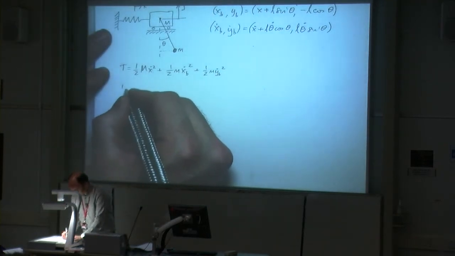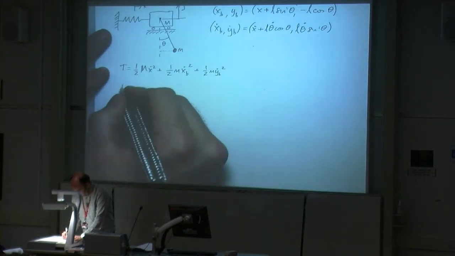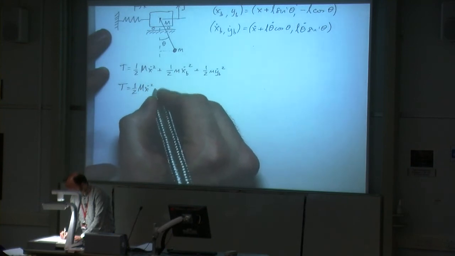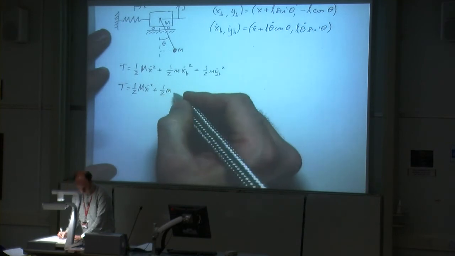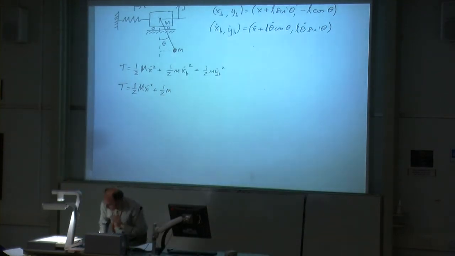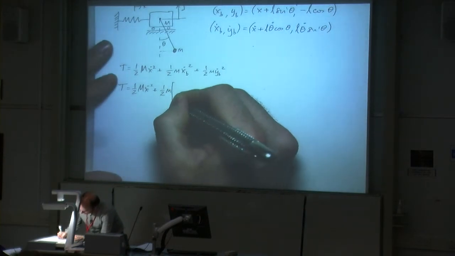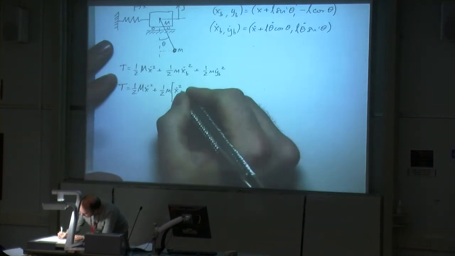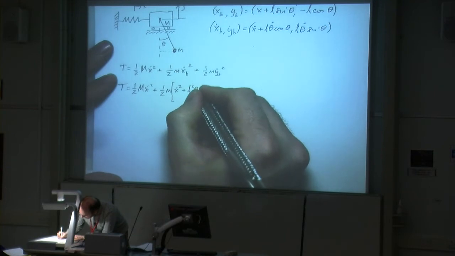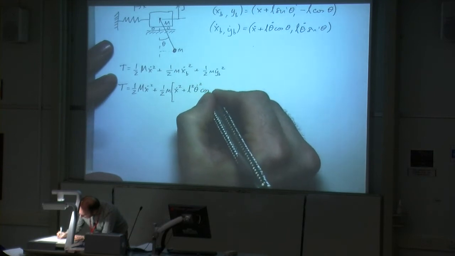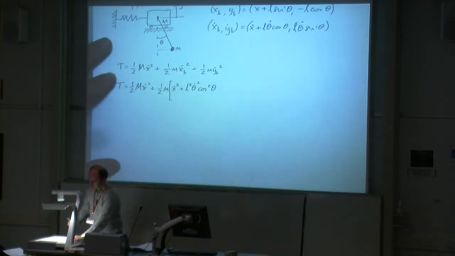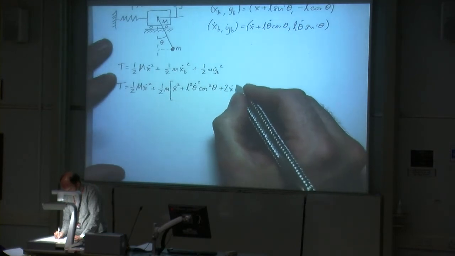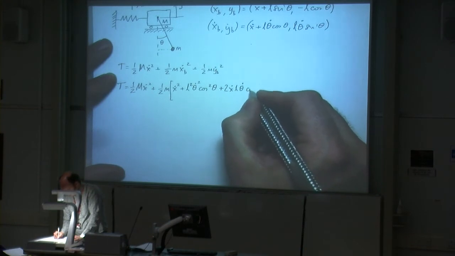So T, plus 2 x dot L theta dot cosine of theta.